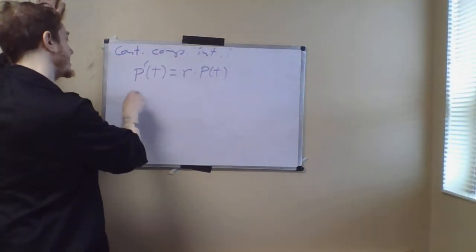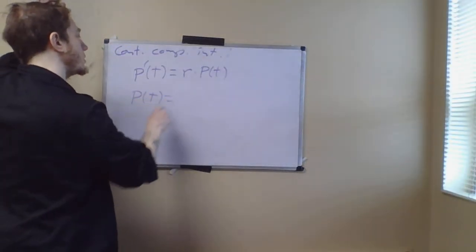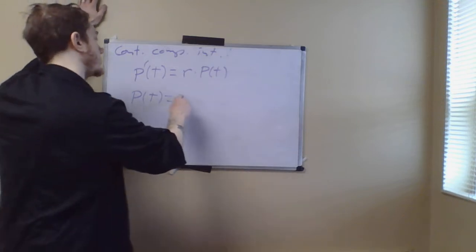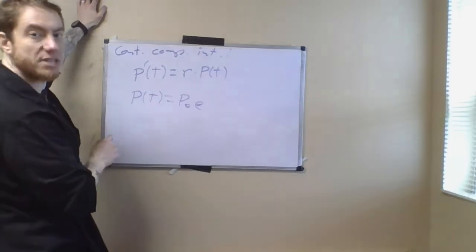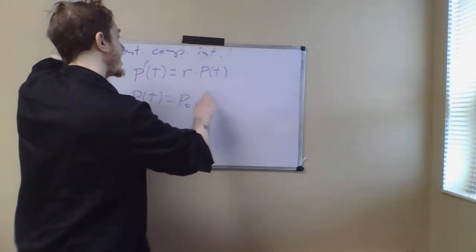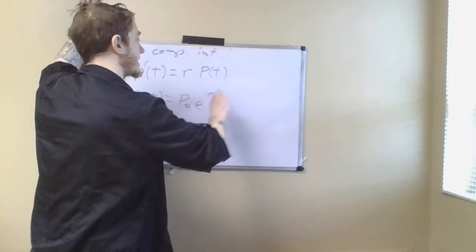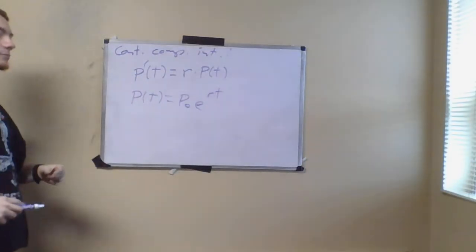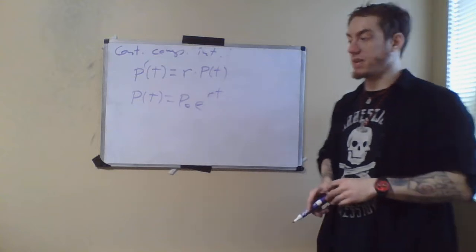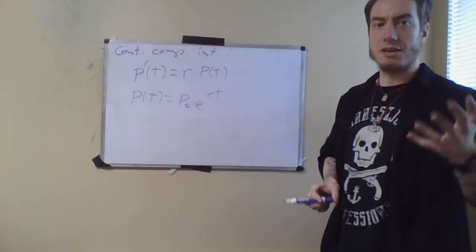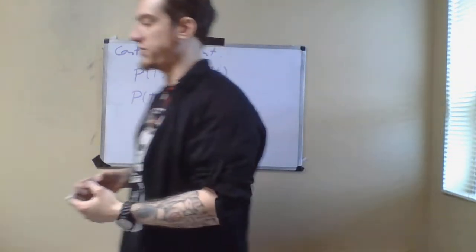Well, what this means is that the amount of money in our account is going to be equal to the initial amount of money, which is also called the principal investment, times e to the interest rate times t.